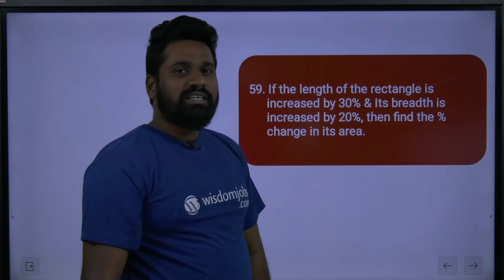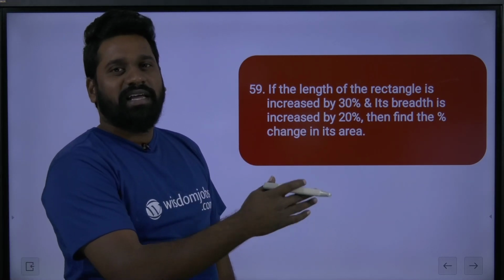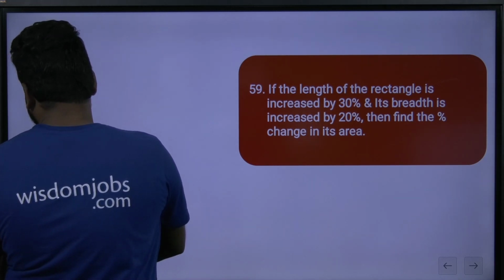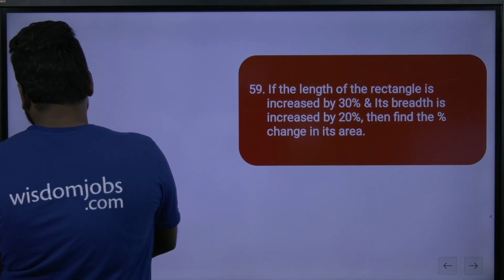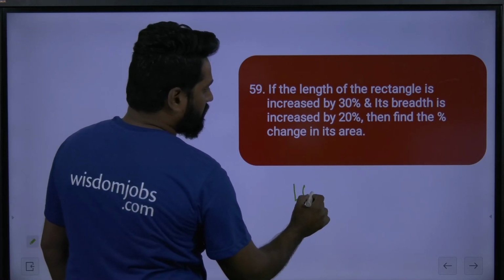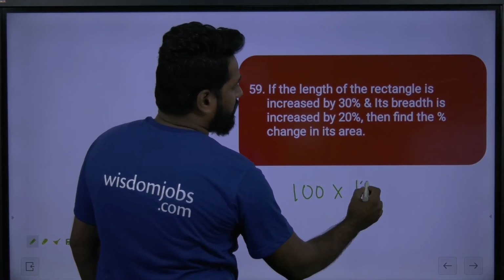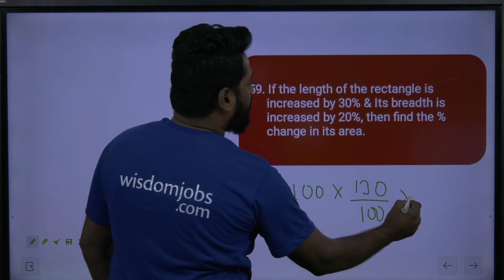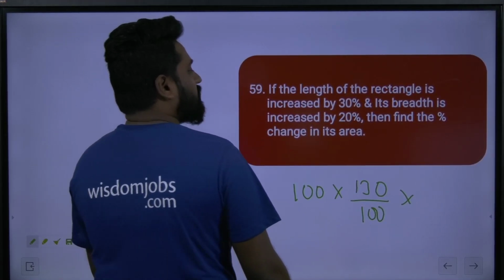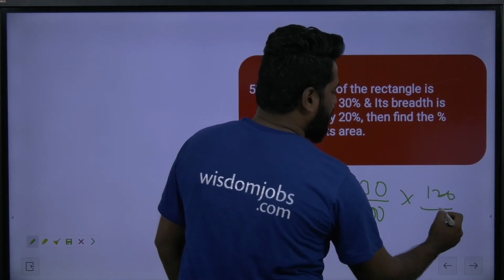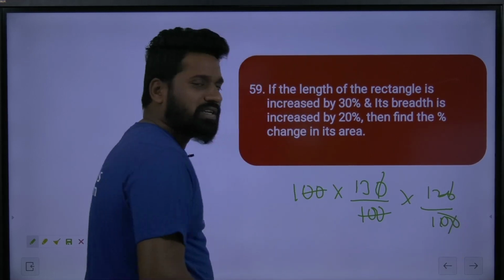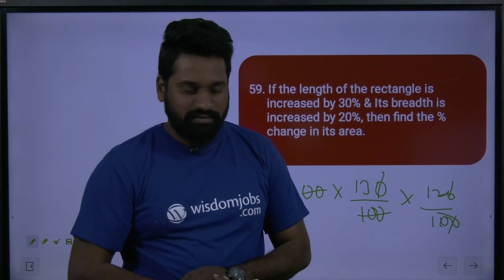Whether it is a square or a rectangle, the same formula you can use. What is the formula here? Chain rule, that is 100 into 130. First increase is given, 100 plus 30, 130, into next breadth is also changed, so 120 by 100. Same method you can follow, 2 zeros, 2 zeros cancel, so 13 into 12 you can do, right?